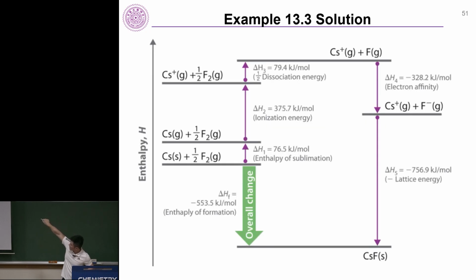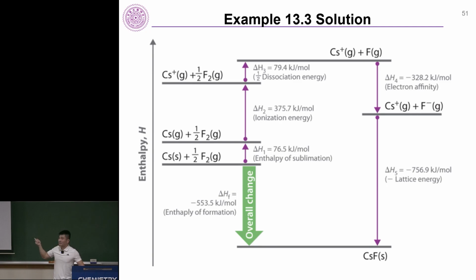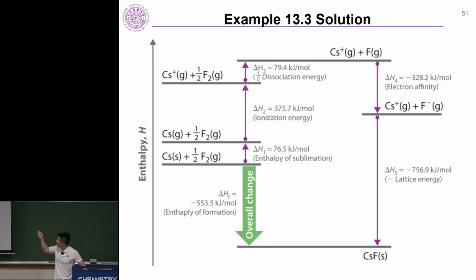The third number is the bond dissociation of fluorine, but only half a mole of fluorine, so 158.8 kJ per mole is going to be half of that number, 79.4. And the fourth number will be the electron affinity of fluorine, which is negative, not positive. So it will be 328.2, but negative.